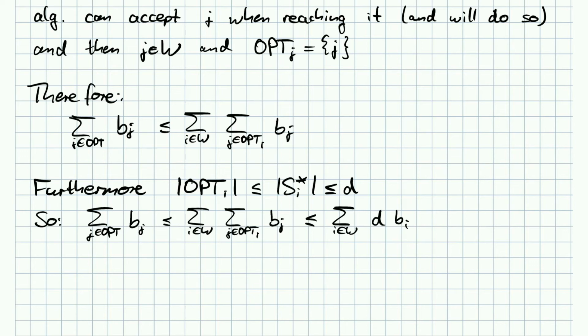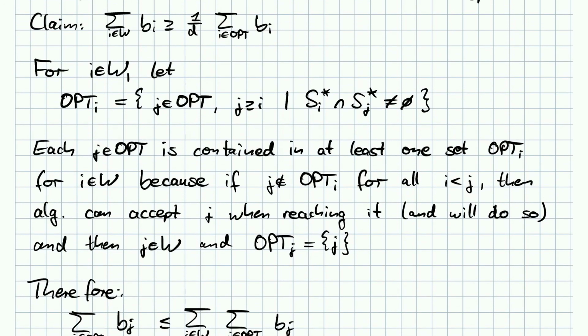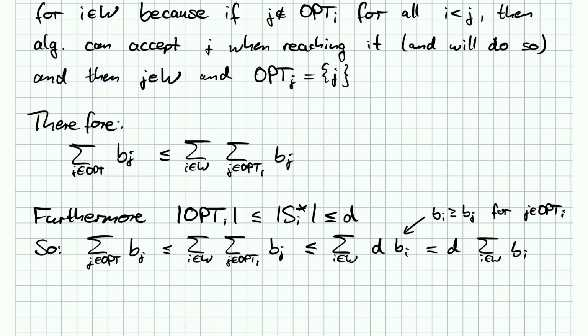Here we're using one further thing, namely that b_I is at least b_j for j in opt I, because we used this reordering. We reordered the bidders accordingly. So we're getting d times the sum of all I in W of b_I. And interestingly enough, this is exactly what we wanted to show. This is equivalent to this guarantee.